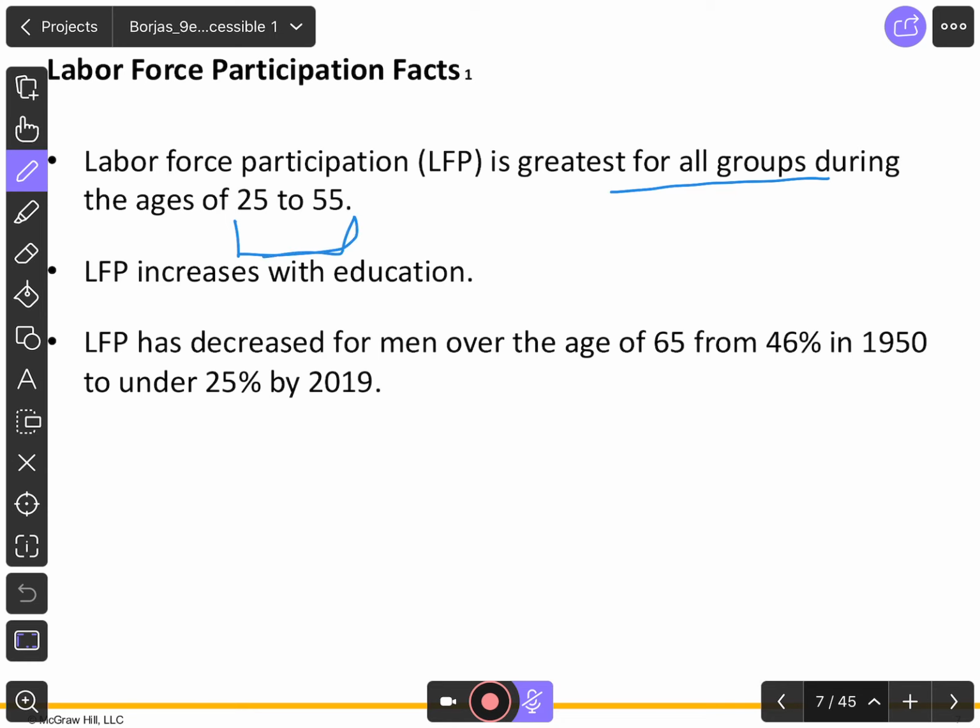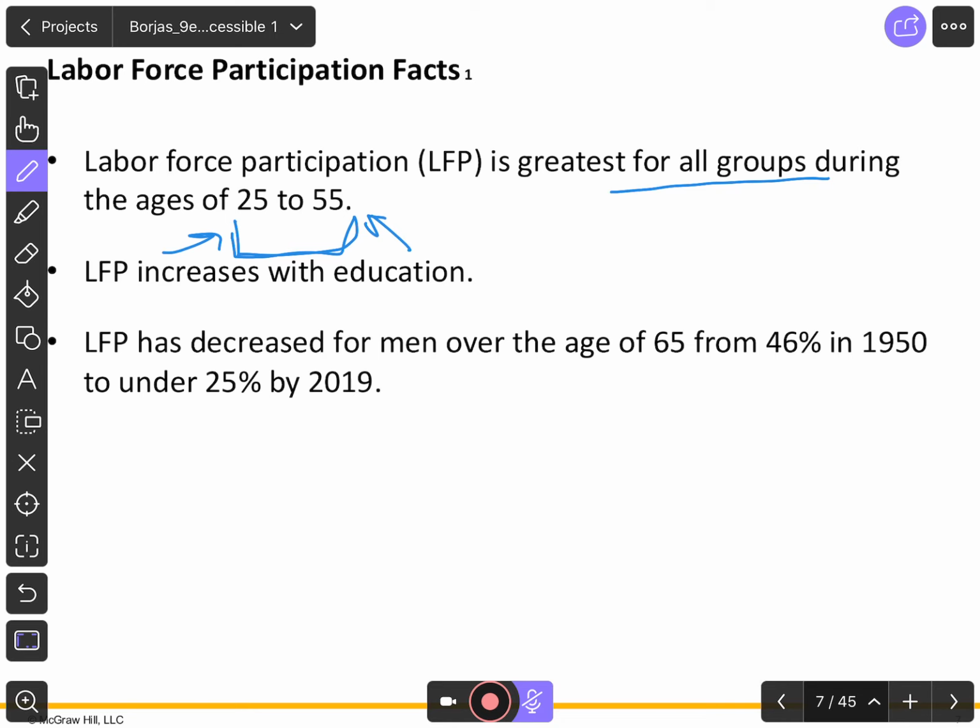This is what we call the prime age, 25 to 55, where people are participating. Before that, they are probably in between jobs. They are not fixed in a certain job. They're probably studying, and after that, this is the time when they start thinking about retirement age.